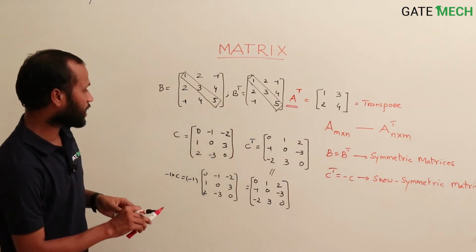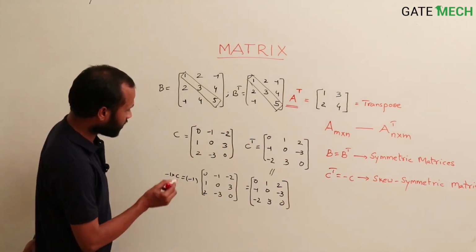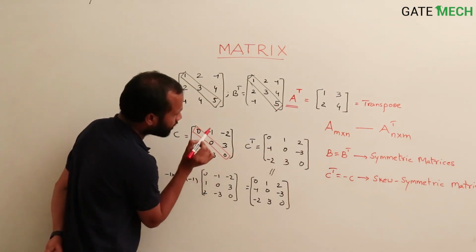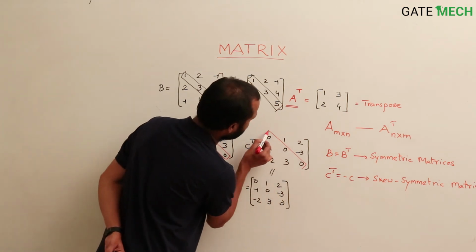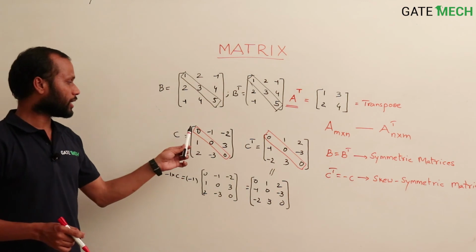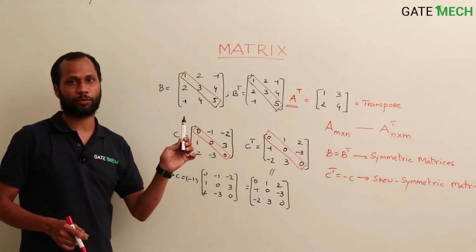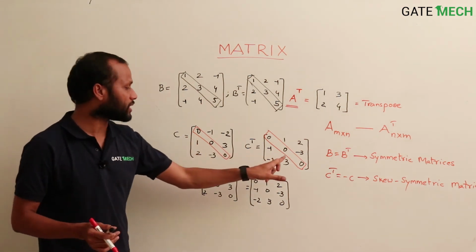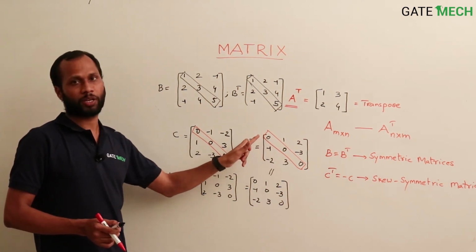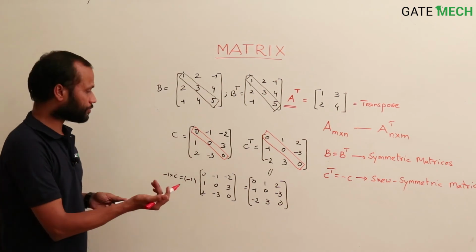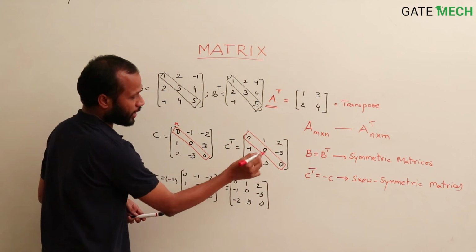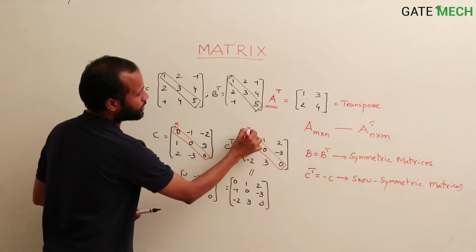So in symmetric matrices, the diagonal elements shall be the same. In skew-symmetric matrices, if you observe here in C, the diagonal elements are 0. So in skew-symmetric matrices, the diagonal elements shall always be 0. If C has to be equal to minus C, say suppose X is there here, minus X shall be there. Since it is skew-symmetric, C transpose shall have minus X here.